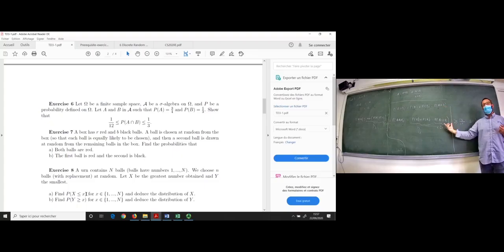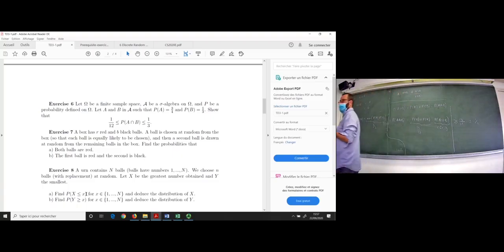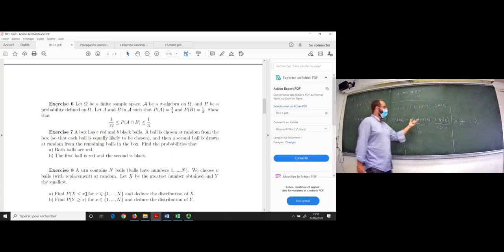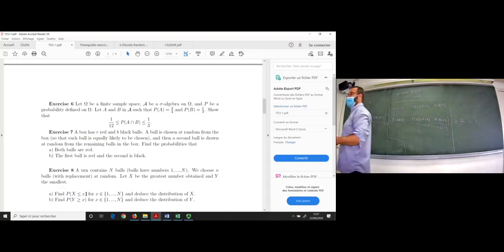And to conclude, I have a probability here. So a probability is a number between 0 and 1. So if you have a number minus a probability, it will be greater than this number minus 1 for sure, because my proba is always less than 1.